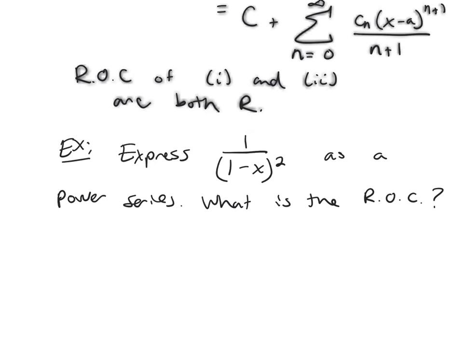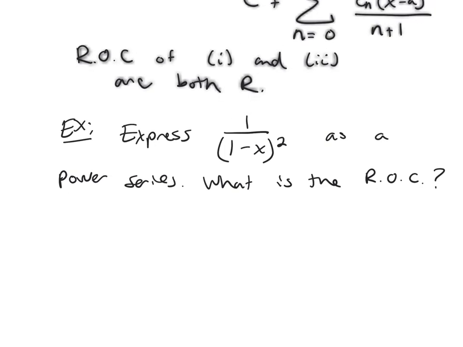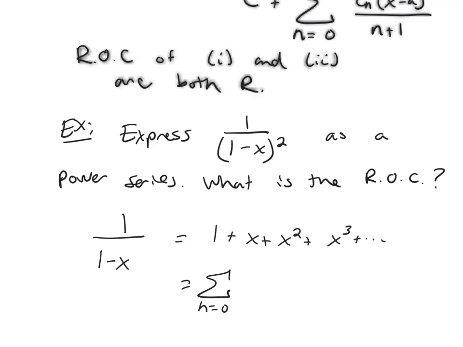So what I'm going to do is look back at the original power series we started with at the beginning of class. 1 over 1 minus x is 1 plus x plus x squared plus x cubed and so forth, which we've written as the sum from n equals 0 to infinity of x to the n.